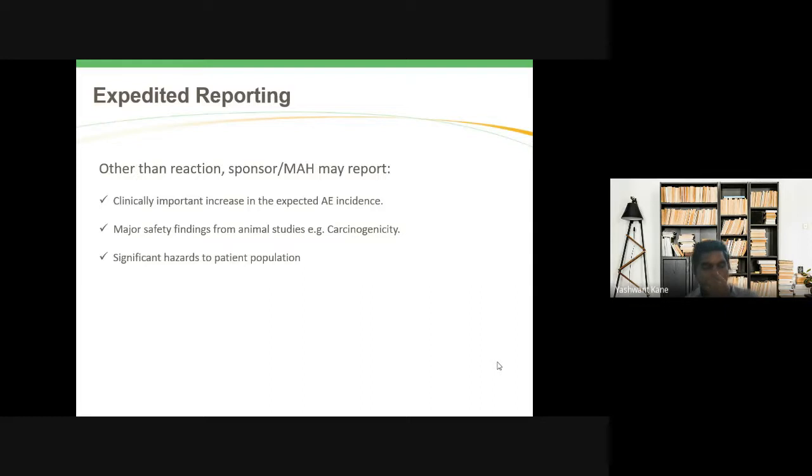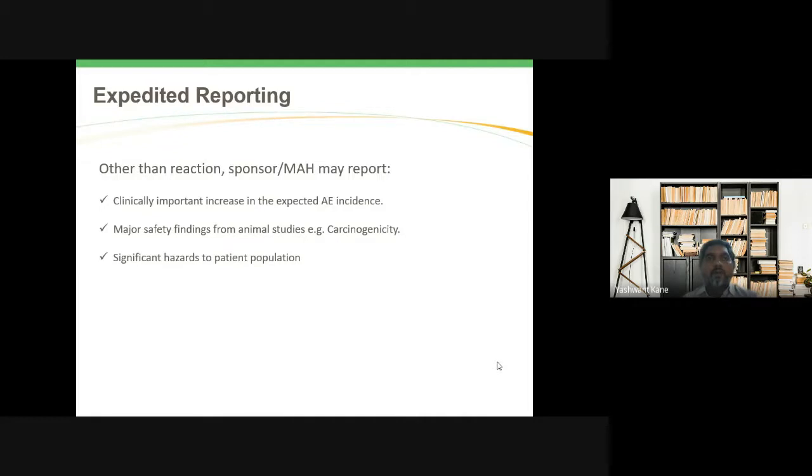For example, suppose in clinical trials there were 100 patients, and out of them, after taking the drug, almost 60 patients experienced nausea or hand and foot syndrome, for example.